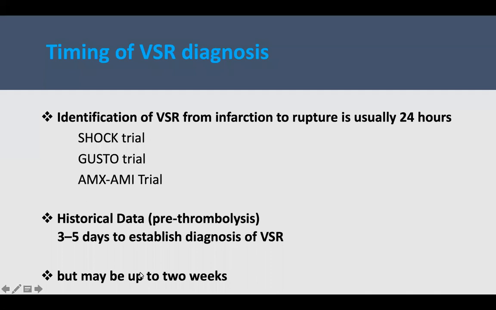But you may even miss the diagnosis. Some patients are very stable even after 2 weeks or later, and you may diagnose it then. So some people say it is a bimodal presentation, early and late. Sometimes we don't pay attention to small defects and we miss them.